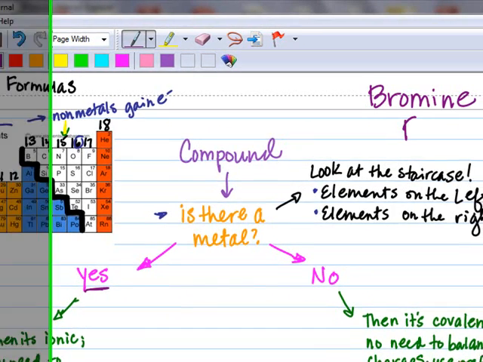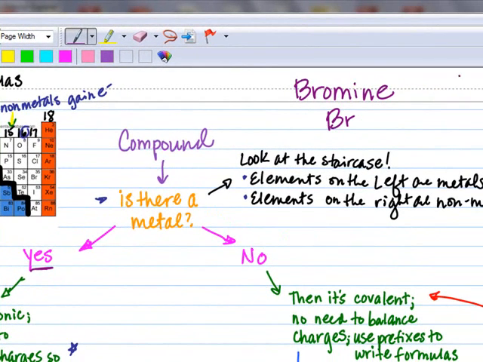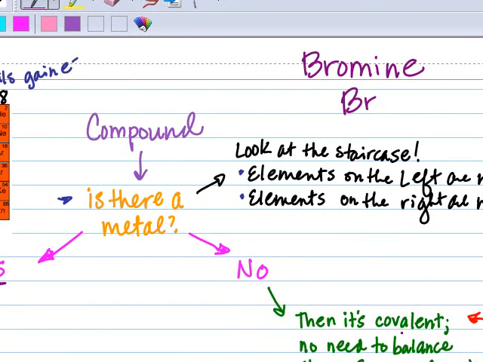Well, we know that bromine has a formula of Br. That's for the element bromine. Is there a metal in bromine? No, because bromine is here on the right-hand side and there's no other atom in this compound. That means that it's covalent, and we just need to use prefixes in order to write out the formula.